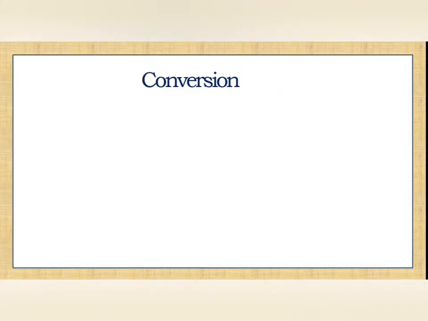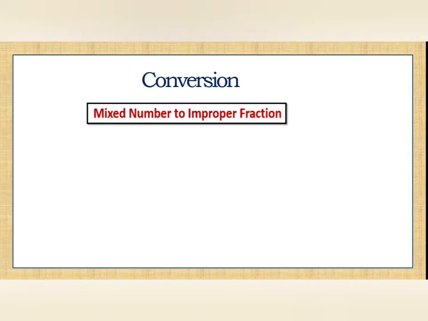Conversion of fractions. Here we are going to learn how to convert a mixed fraction into an improper fraction. See this example, 2 3 by 4. First, we are going to multiply the denominator with the whole number part and then add with the numerator, keeping the denominator same. That is, you should not change the denominator.